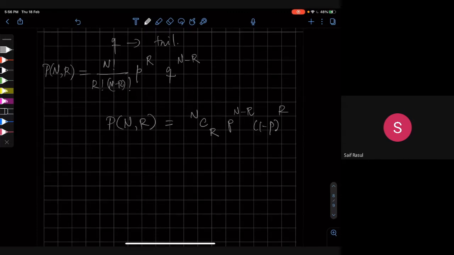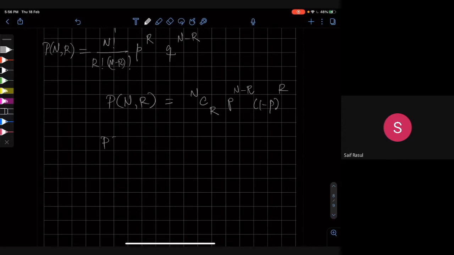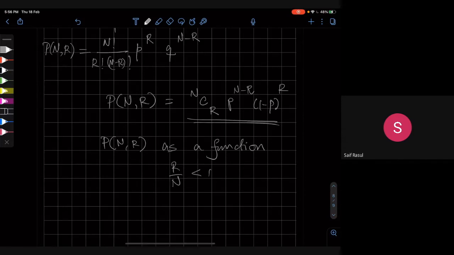So P_n(r), as a function, is not normalized. If you normalize it, and consider this as a function of r over n, of course, then this goes from 1 to 0, because r cannot be greater than n.